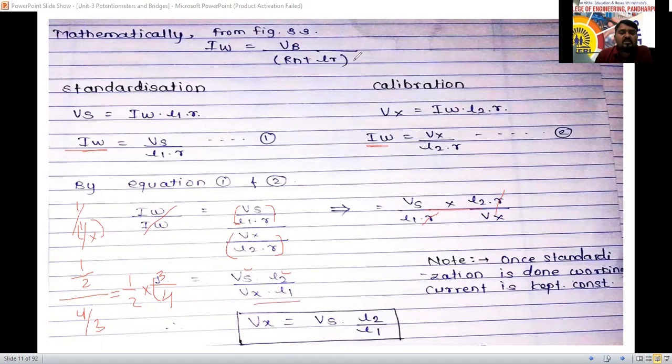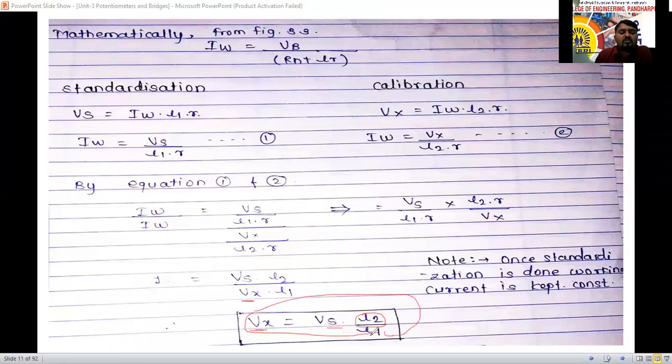From these equations we can write V_X, the unknown voltage. V_X equals the total source voltage divided by the total length L1, into the required length L2.